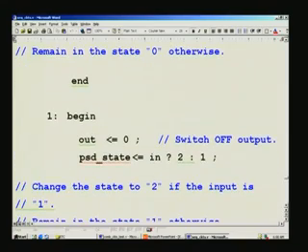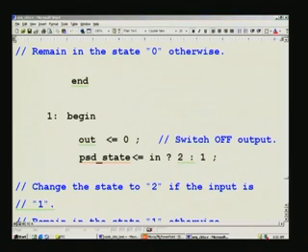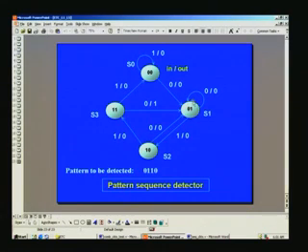When we come to this state 1, we still need to output only 0 because that 0 1 1 0 pattern has not yet come, and the state will have to be either 2 or 1 depending upon input equal to 1 or 0. So, here if it is 1 it has to go to S2, and if it is 0 remain there, and the outputs once again are 0 here.